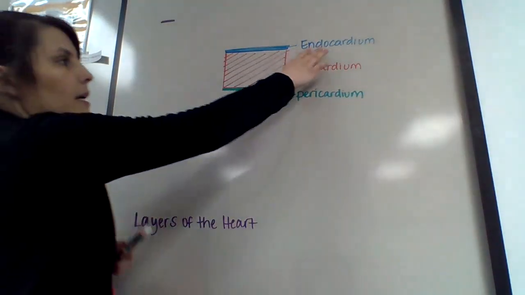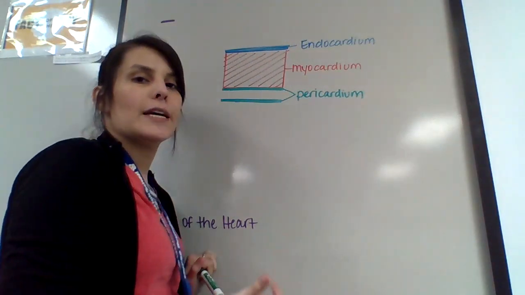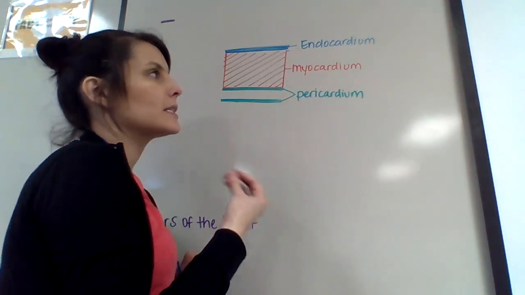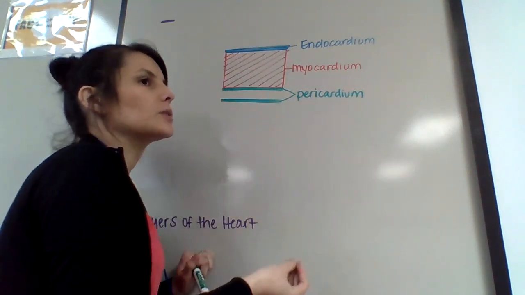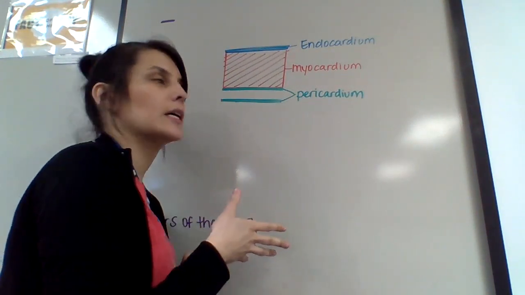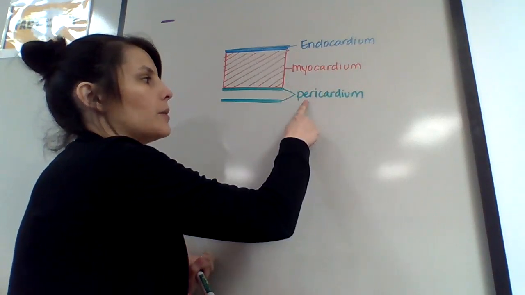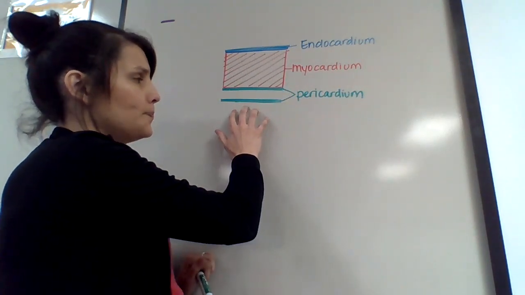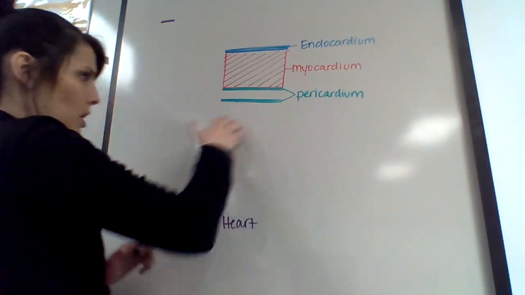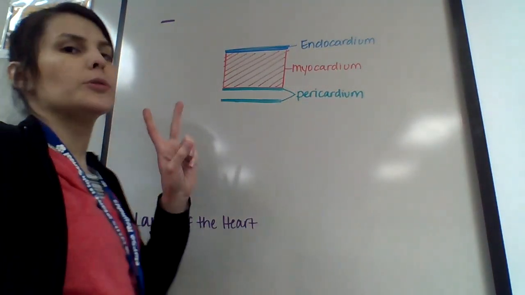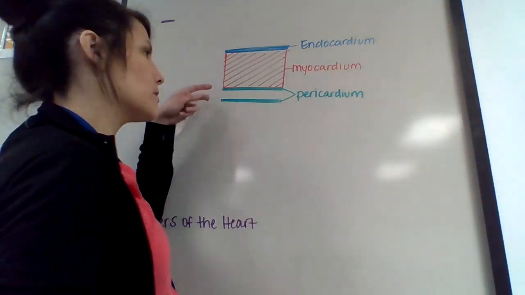So endo, if you've taken med term, if you know anything about it, endo always means inside. So that tells you that it's inside of the heart versus on the outside. We have the inside of the heart, we have the muscle part of the heart, and then we have the outside of the heart. What's special about this pericardium layer out here is that it's composed of two different layers that are spread like this.